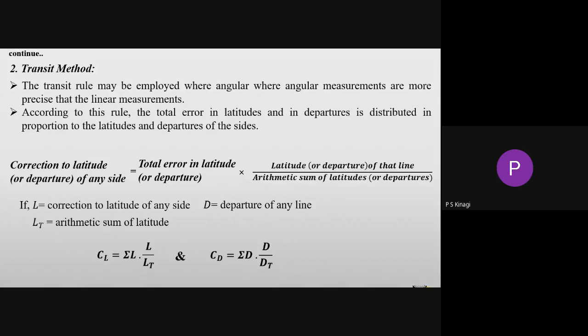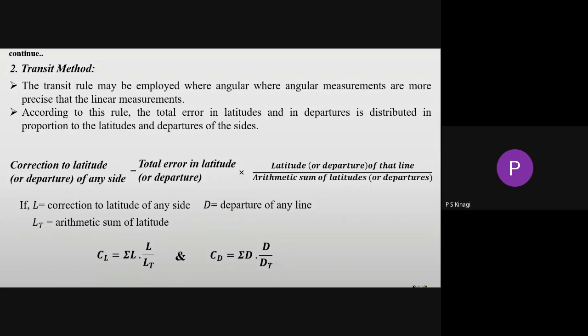For the algebraic sum we have to consider the sign convention of the latitude values. Here we don't consider the sign convention; directly add all the latitude values. Similarly, for the algebraic sum of D you have to consider the sign convention. For DT it is the arithmetic sum of the departures. Don't consider the sign convention of the departure, just add all the values. So this is the transit method.